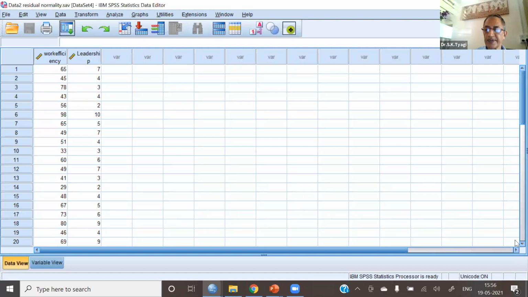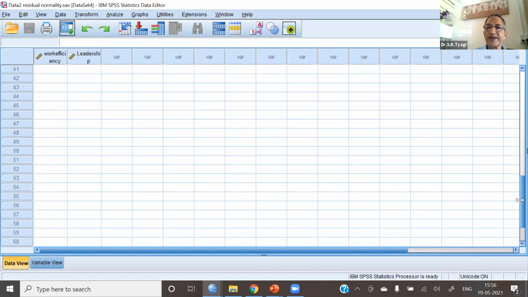Please see this data. This is work efficiency. I have a sample size of 25. So the first assumption is met because we have just one predictor, so at least 20 cases should be there, and we have 25 cases.